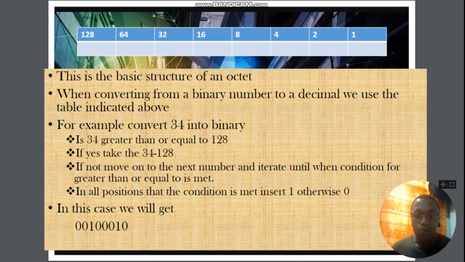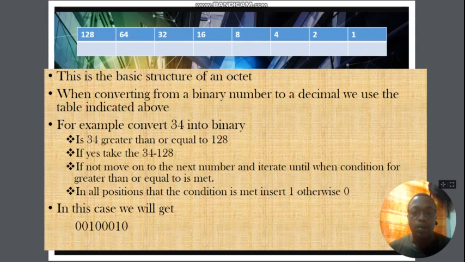So that is how you convert, and in all positions where the condition is met, you insert a 1, as we said earlier, and if it is not, then you insert a 0. So in our case, if we go through the steps with 34, we get the value 00100010.